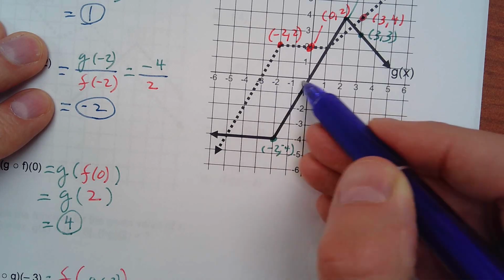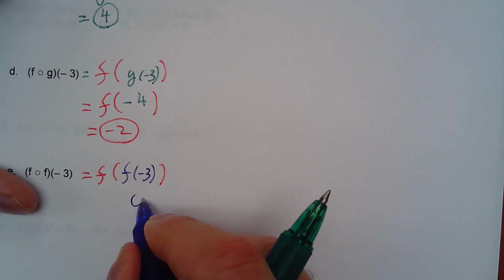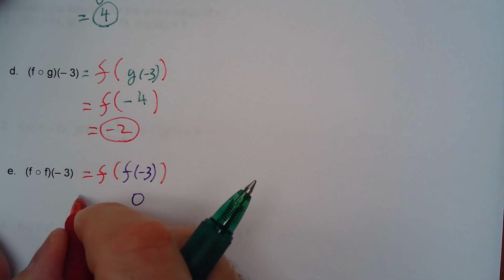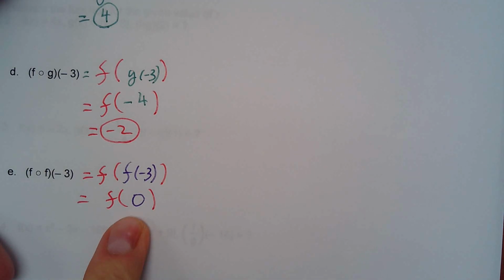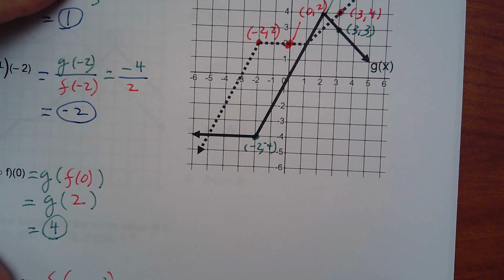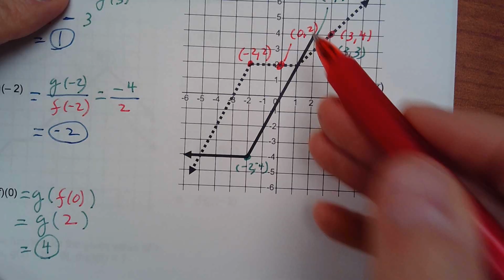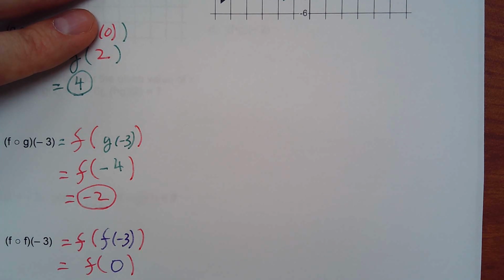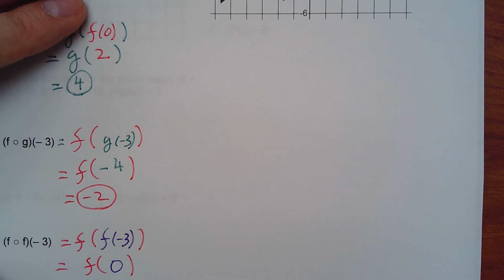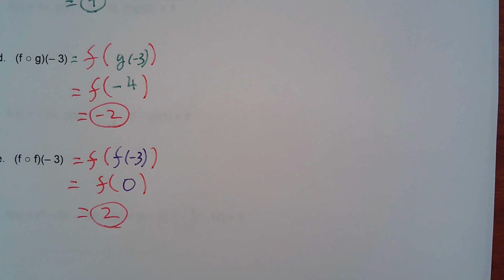So the y value is 0 at x equals negative 3 on f. So that's just 0. And now I need to find f of 0. Well, f of 0 here is going to be 2. So my answer here would be 2. So our final answer would be 2 for this one.